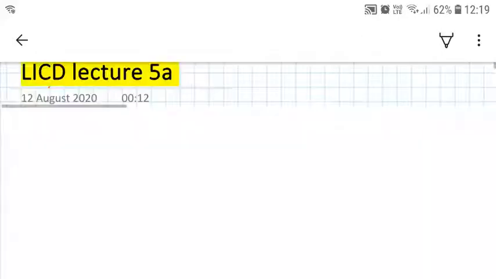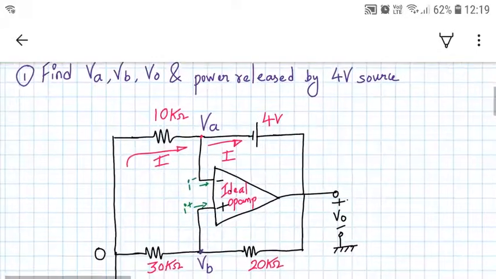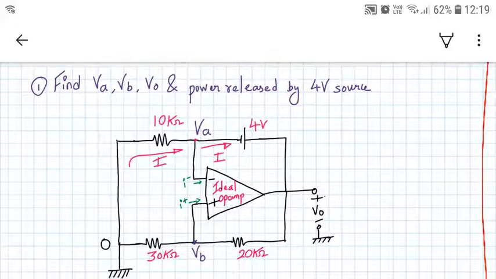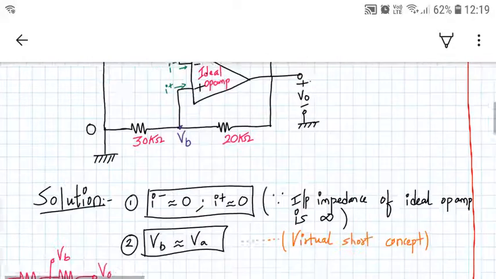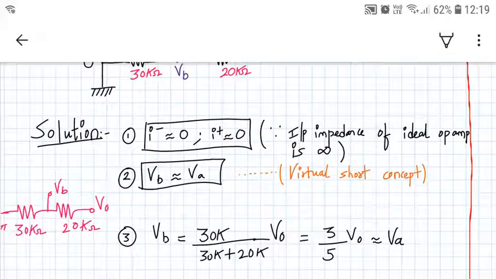Okay, so we have completed one numerical, and this numerical was based on the ideal op amp analysis, and we were supposed to find VA, VB, VO, and the power released by the 4-volt source. So we started by exploiting the ideal op amp characteristics, that is I minus is equal to 0, I plus is equal to 0.